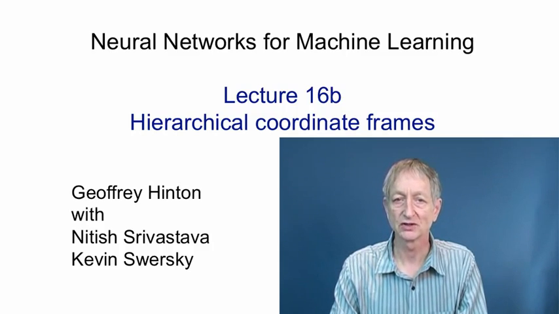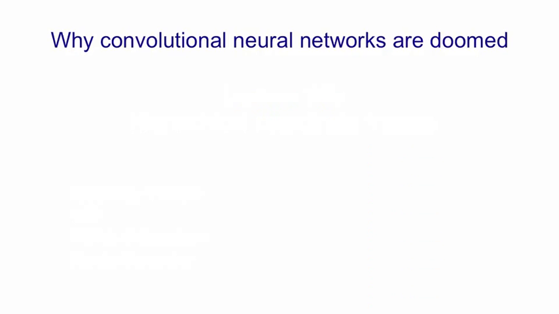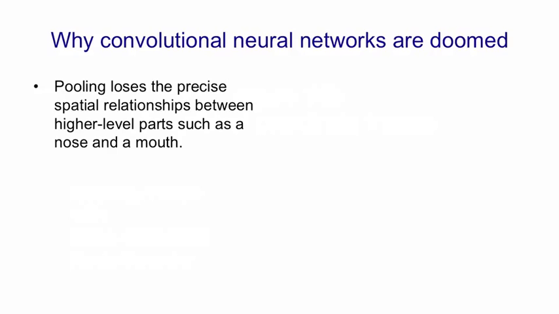The point of this video is to show how we might combine a parts-based approach with early stages that use convolutional neural networks. Even though convolutional neural networks have worked very well for recognizing objects and images, I think there's something missing. When we pool the activities of a bunch of replicated feature detectors, we lose the precise position of the feature detector that was most active. This means we don't know exactly where things are, and that's fatal for higher level parts, such as a nose and a mouth.